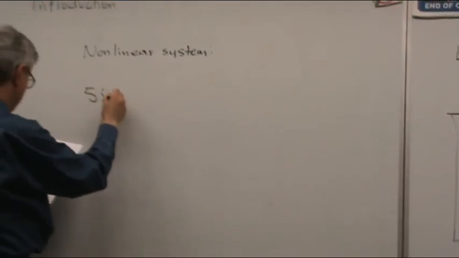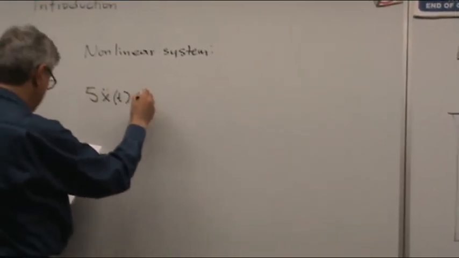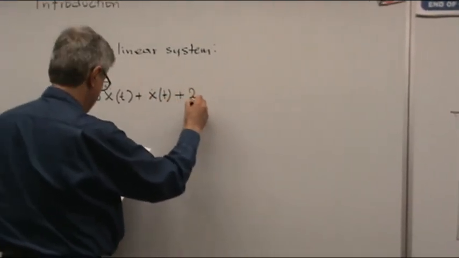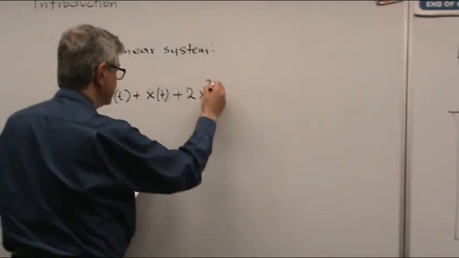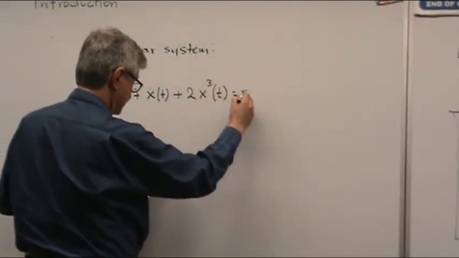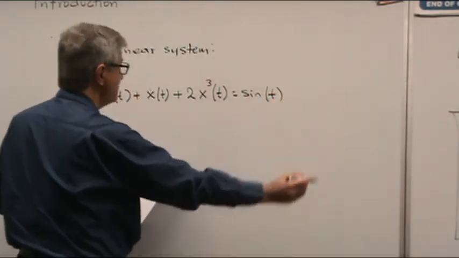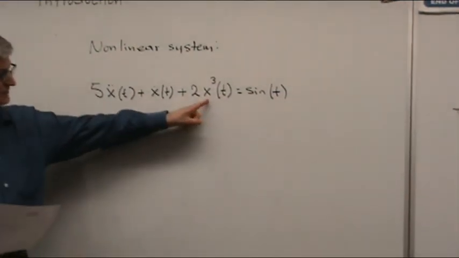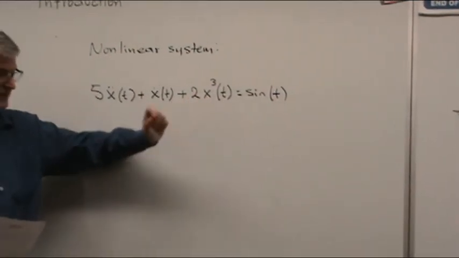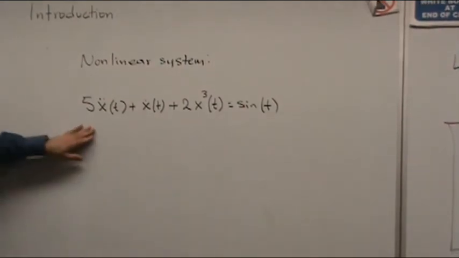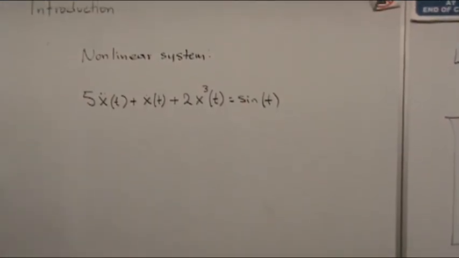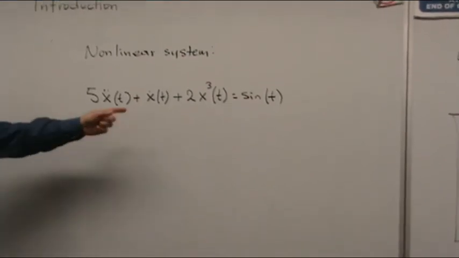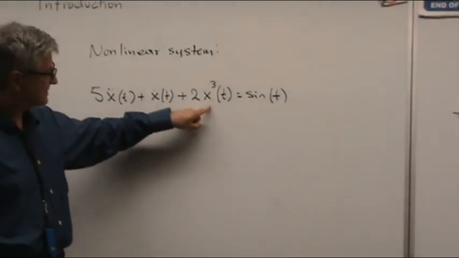Here is an example. That's an example of a nonlinear system. So you have a nonlinear function of the unknown x of t. Solving this equation is much harder. You may have to use a numerical method where you find step by step the response.